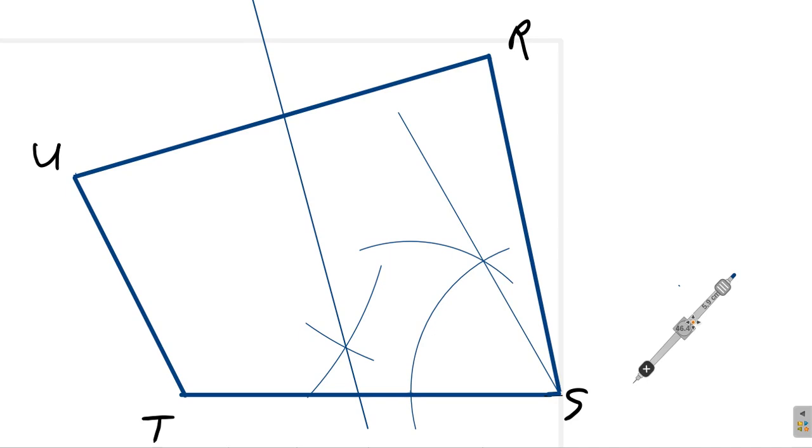Let's get back to our compass. I want to lengthen the compass, put it here.